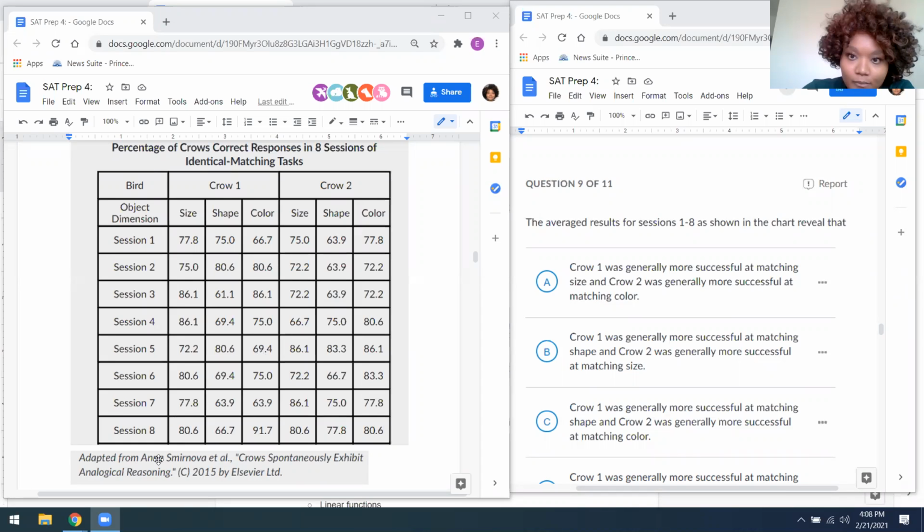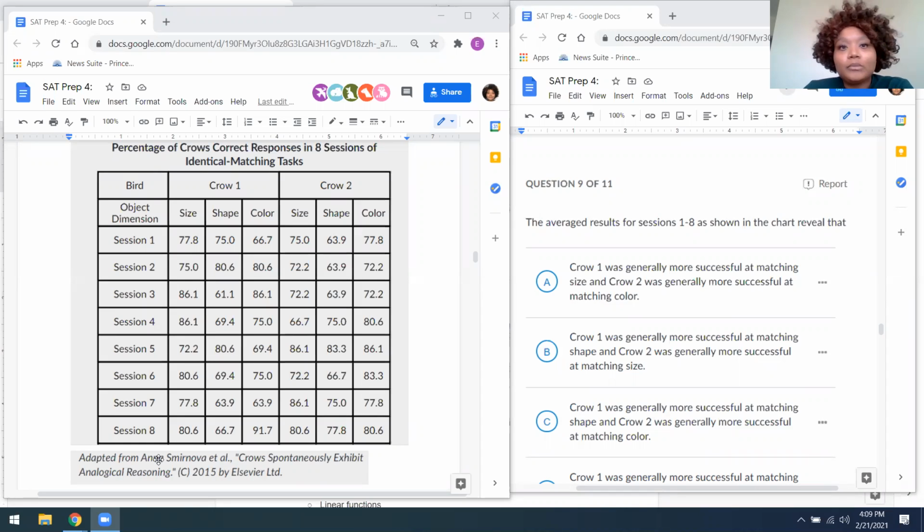Mm-hmm. And then I just, how do I say it? I just chose the object dimension, or the size or... Dimension, that's a good way to describe it. Okay, the dimension that has a very high percentage.